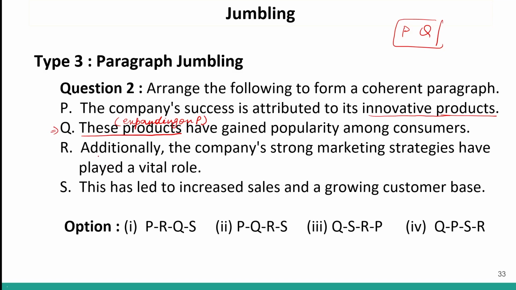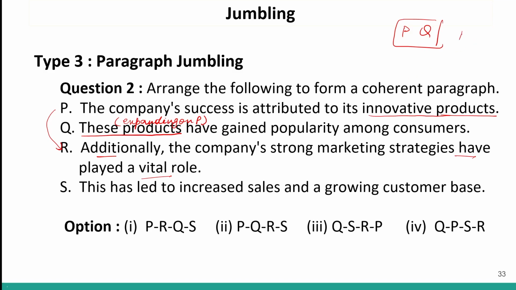Correct? Now, additionally, the company's strong marketing strategies have played a vital role. So, in statement P, we talked about the company's success being due to its innovative products. But in R, we talked about how, in addition to the products, the company's strong marketing strategies have also played a vital role. So, first, the products and then the marketing strategy.